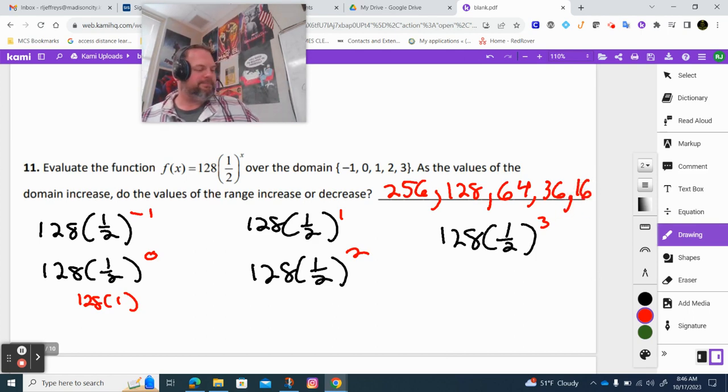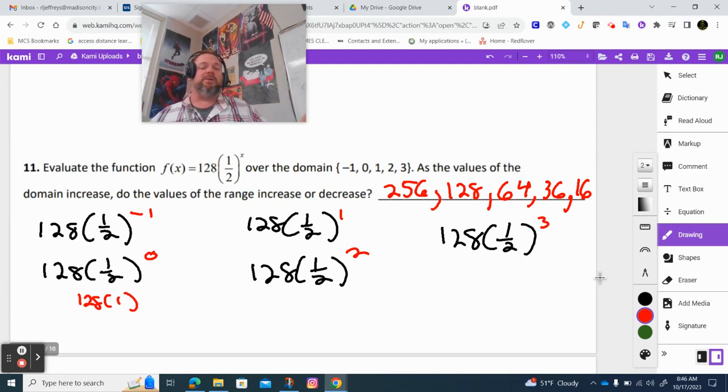Now, if we look at these range, these y values we got, are they going up or going down? They're going down. They're actually going down by a factor of half.